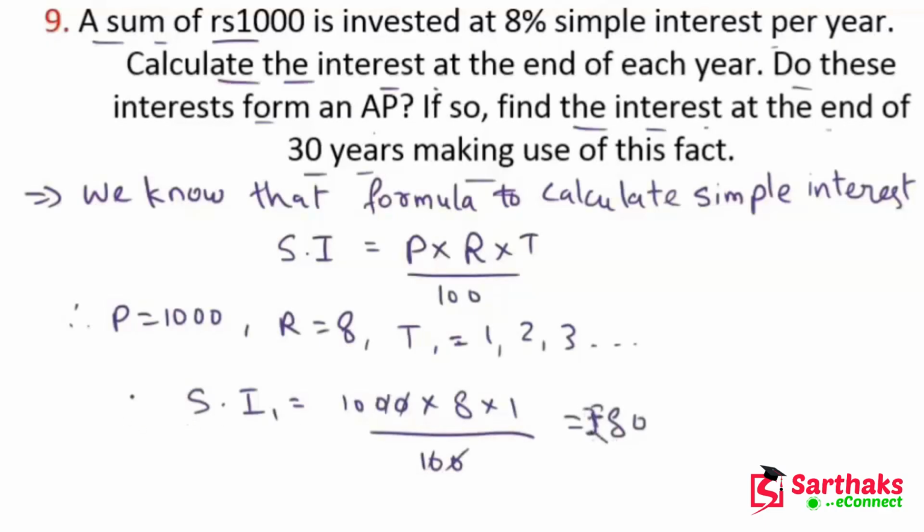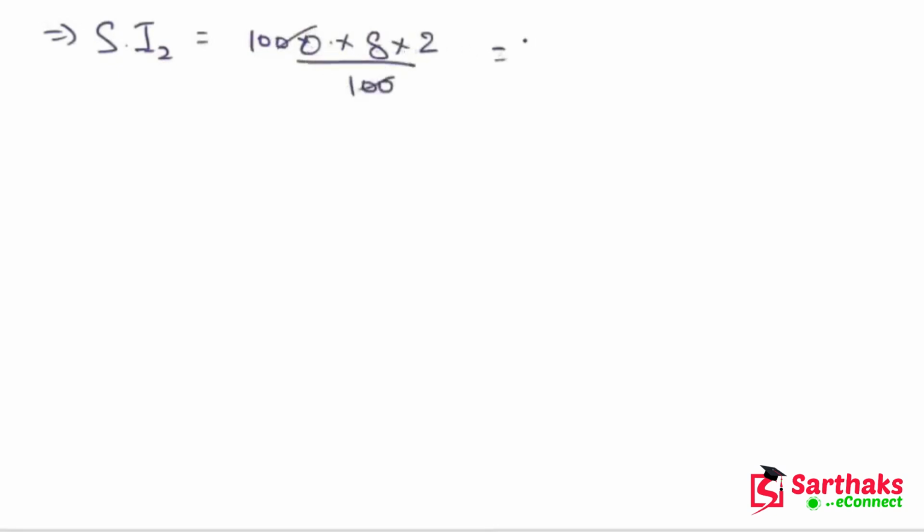SI2, for the second year, is 1000 into 8 into 2 divided by 100, which is 80 into 2, that is 160 rupees.